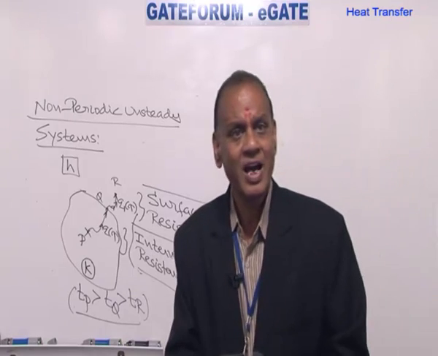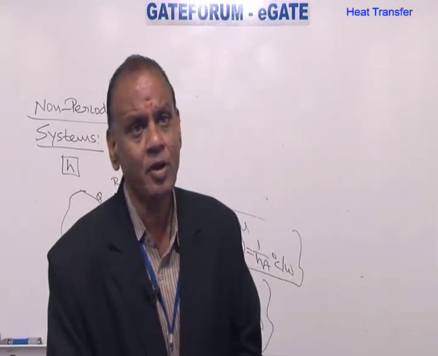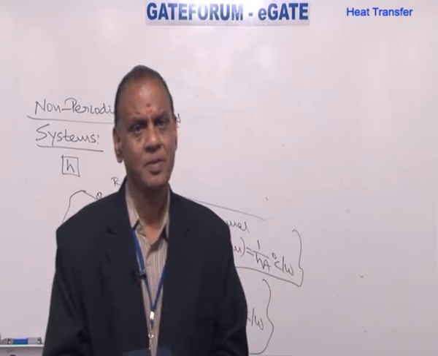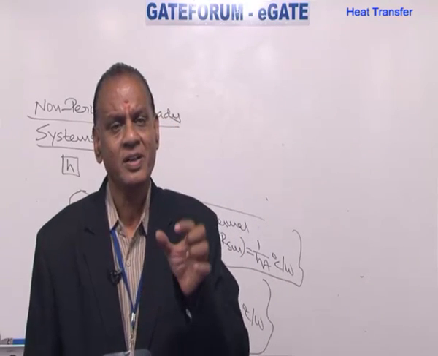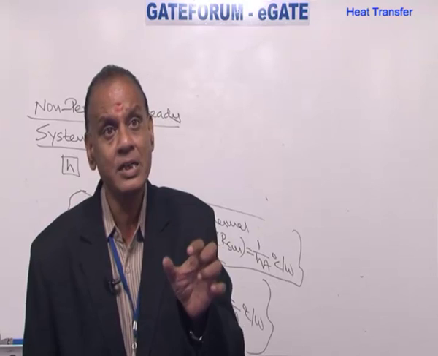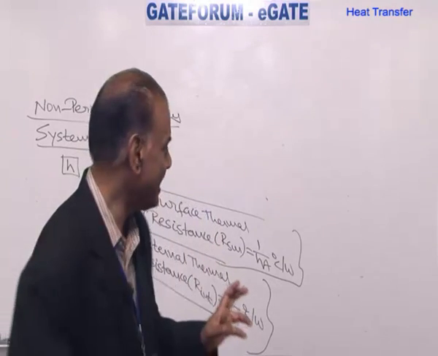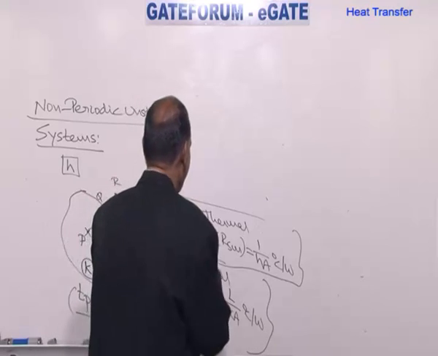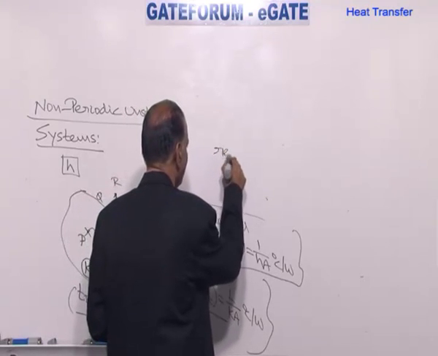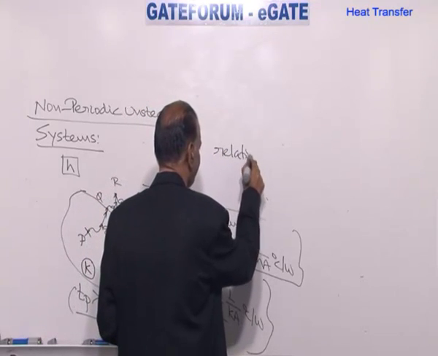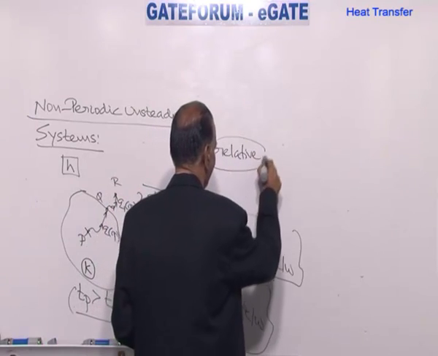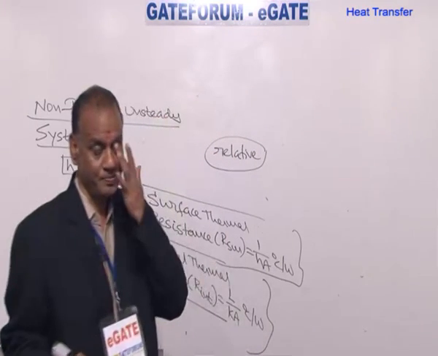Please note that here we are looking at different types of non-periodic unsteady systems based on relative magnitudes of R internal and R surface. Here the word relative is very important. Relative, we never ever look at absolute. Relative magnitudes.